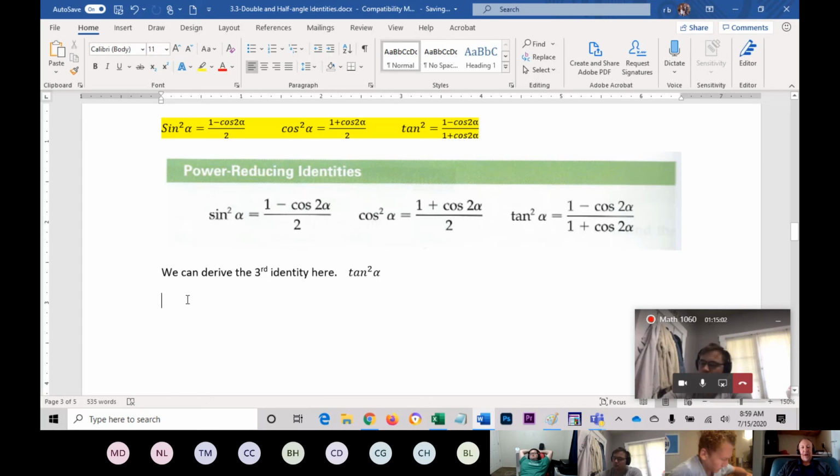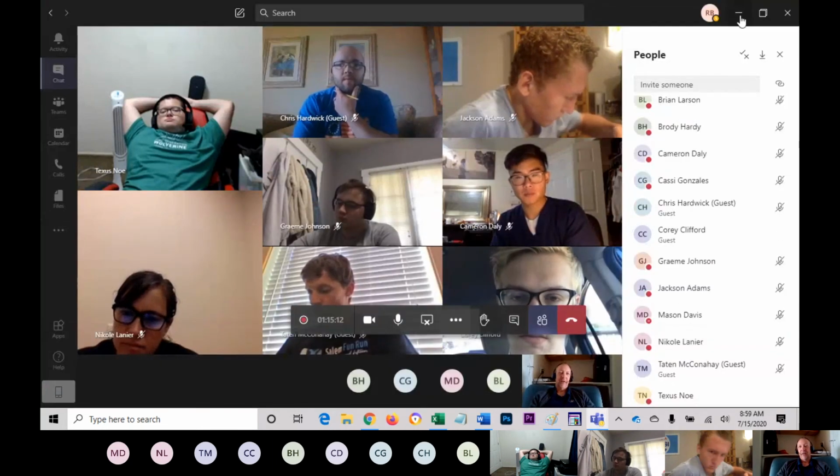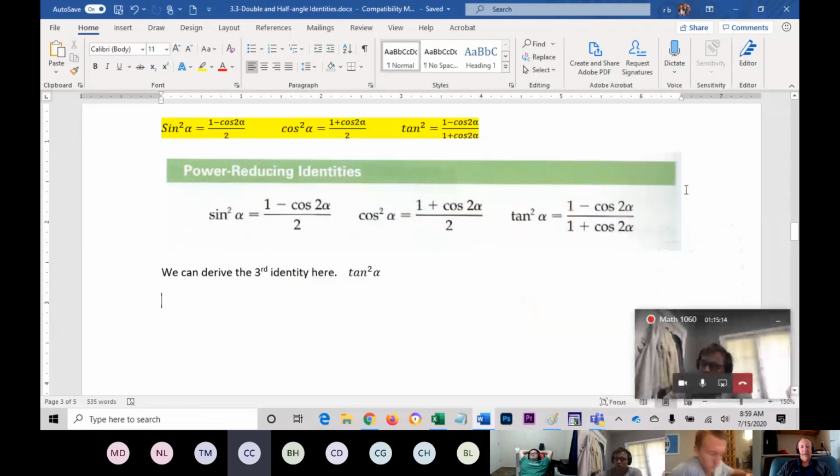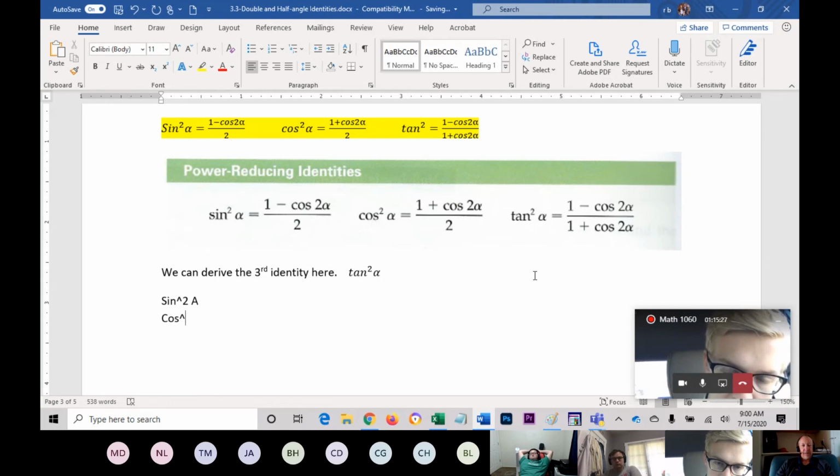So the tangent squared of alpha, what could that be? Let's see, we just picked on Graham. Corey, it's your turn. That could be sine squared of alpha over cosine squared of alpha. I'm going to use a capital A for alpha over the cosine squared. I wonder if this is going to be easier to do in Excel. Let's do it in Excel.